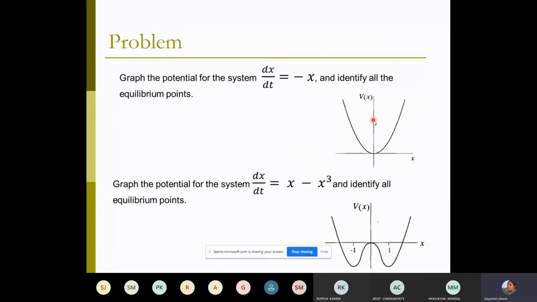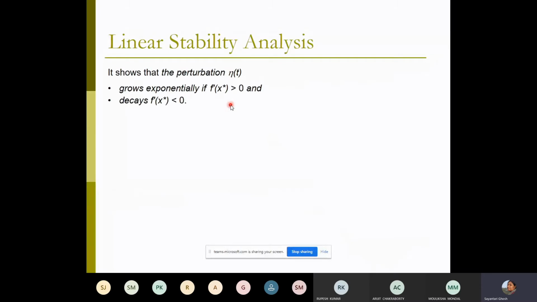We also solved these problems during our last class, and you figured out how to draw the potential of these equations and how to figure out which fixed point of the dynamics is stable or unstable. Then we discussed linear stability, and if you have gone through the video, you know by now that in a one variable system it becomes much easier.